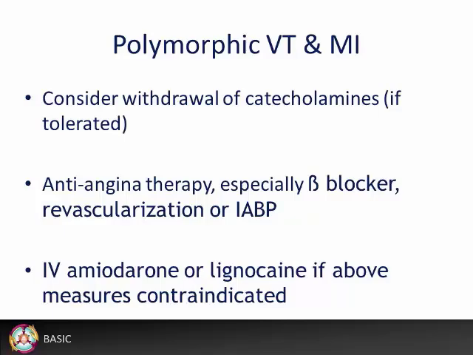Catecholamines should be withdrawn if tolerated, and anti-anginal therapy given. Beta blockers, revascularization, and/or intra-aortic balloon pumping may be particularly useful. If these measures are contraindicated, amiodarone or lignocaine may be helpful.